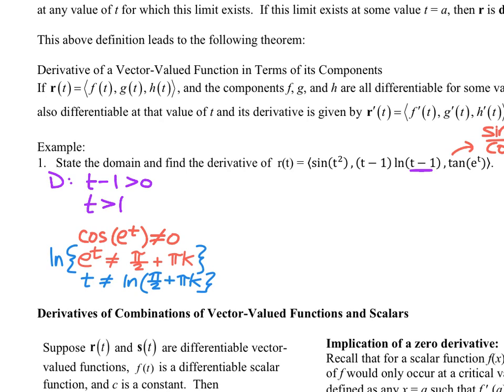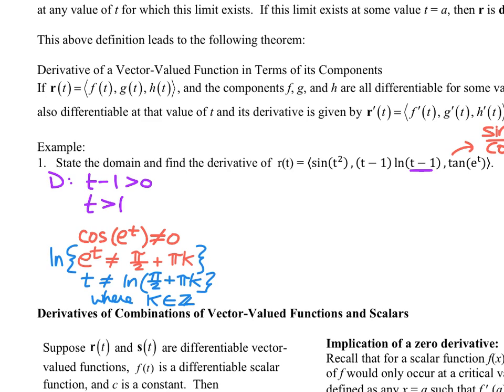And again, I didn't write this out before because I knew I was going to write a bunch of other steps where k belongs to the set of integers. All right, so those are all the values that t can't be. Couple that with all the values of t that can exist, and you have your full domain.